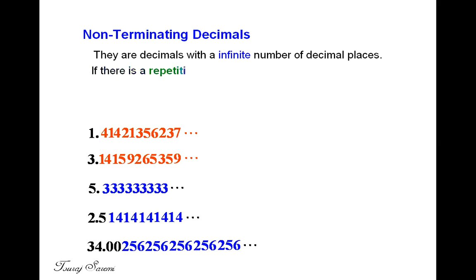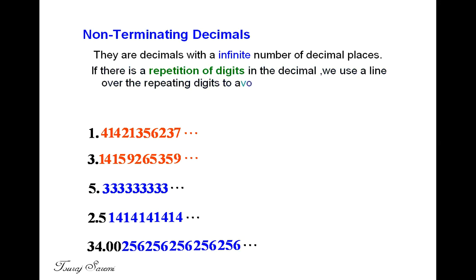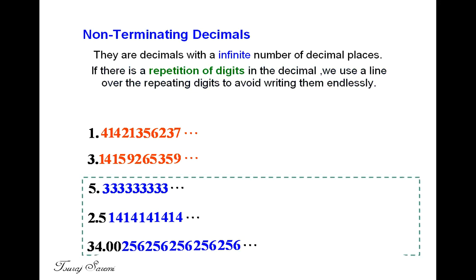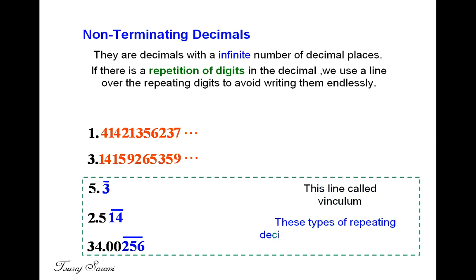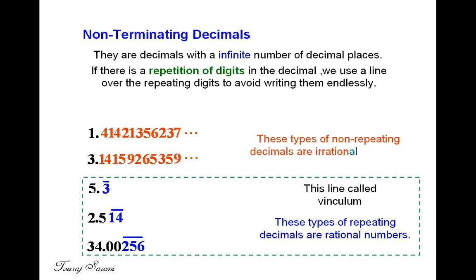If there is a repetition of digits in the decimal, we use a line over the repeating digits to avoid writing them endlessly. This line is called a vinculum. These types of repeating decimals are rational numbers. These types of non-repeating decimals are irrational numbers.